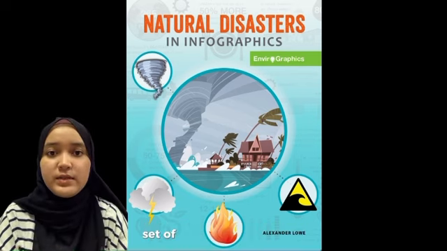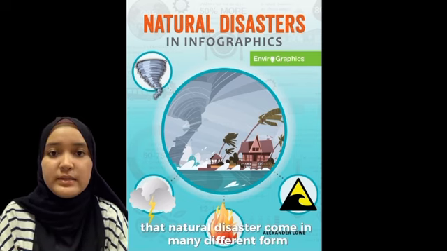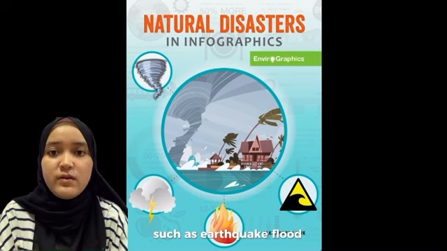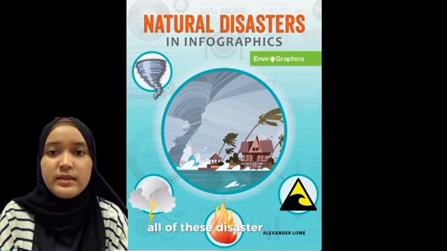The message of the poster is very clear. It shows that natural disasters come in many different forms such as earthquake, flood, hurricane and landslide. All of these disasters have a devastating impact on both people and the environment. This poster helps us realize how serious and dangerous disasters can be if we are not prepared.